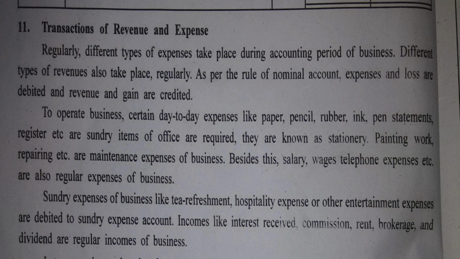So in short, the illustration that we are going to do today is about the transactions of revenue and expense. Alright? And the rule of nominal account, which says debit all expenses and losses, credit all incomes and gains, is to be kept in mind while solving this illustration. Yes.